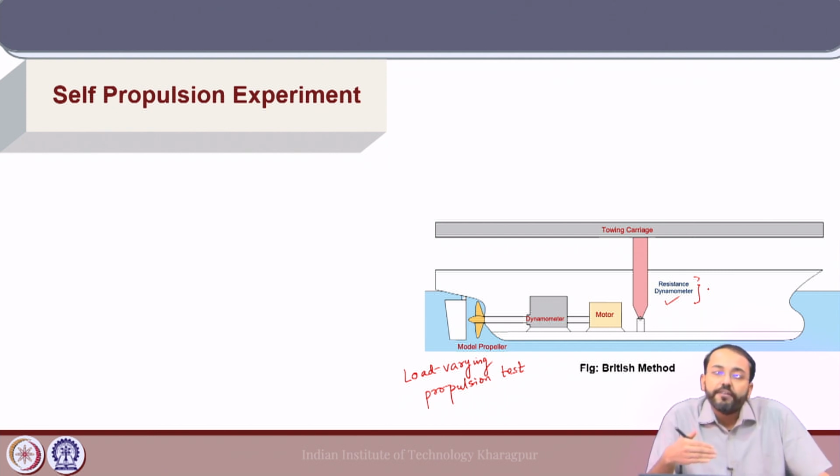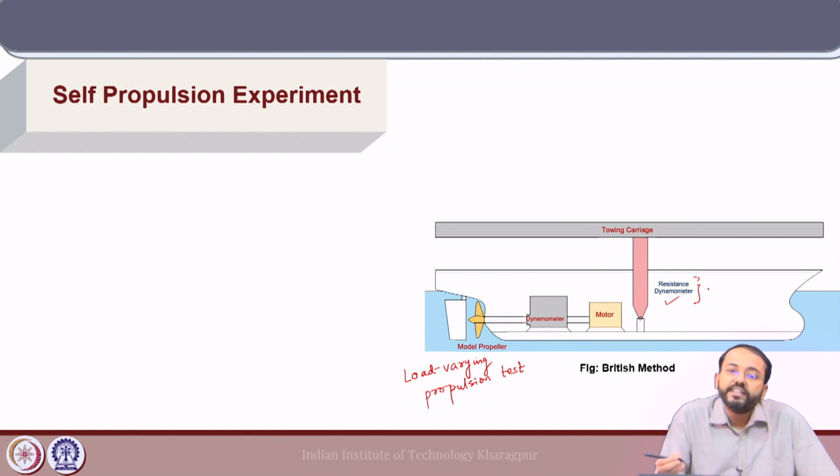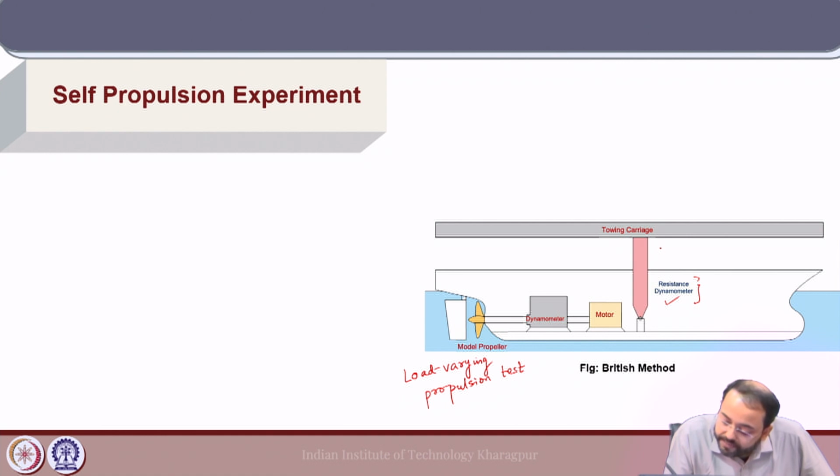So, we have the RPM gradually increasing, and as the RPM increases, the requirement of the tow force will be less.